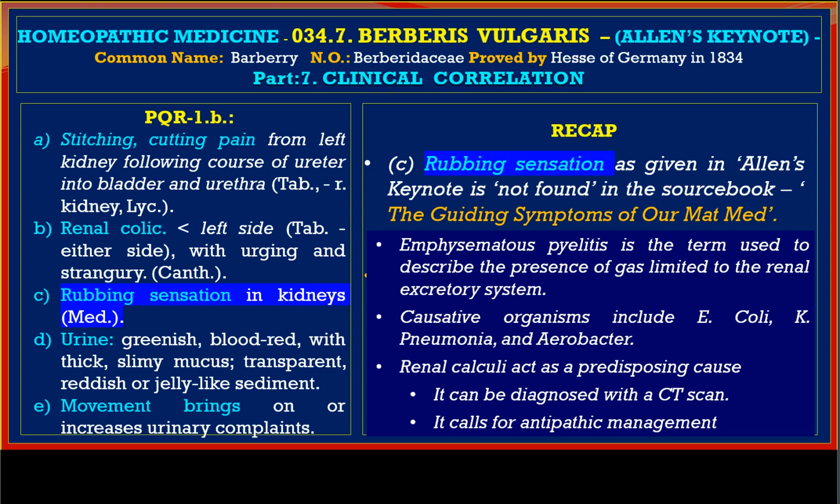Renal calculi act as a predisposing cause, and it can be diagnosed with a CT scan, and it calls for allopathic management. I mean to say it is a very acute kind of condition, it should be taken up and controlled as early as possible because it is an infection. This infection can cause severe fulminating infection, so there can be septicemia and shock.